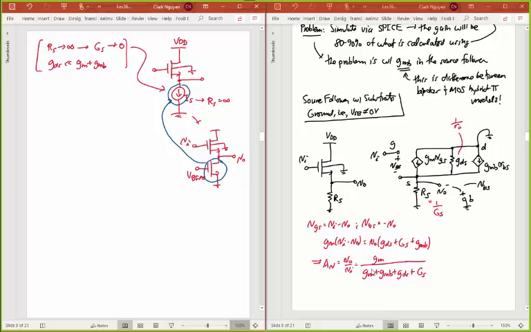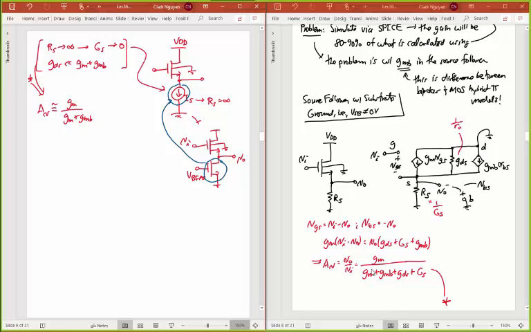So with these two qualifications here, if I take this together with the gain equation I had on the other side, what I then end up with is a gain equation A sub V about equal to GM over GM plus GMB.